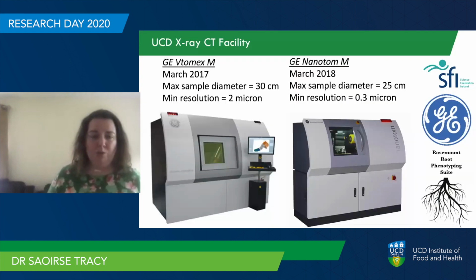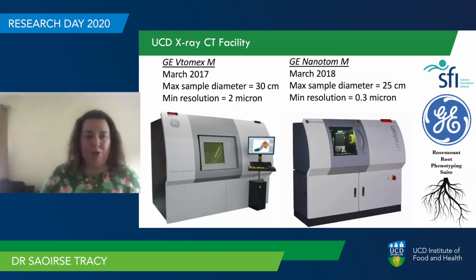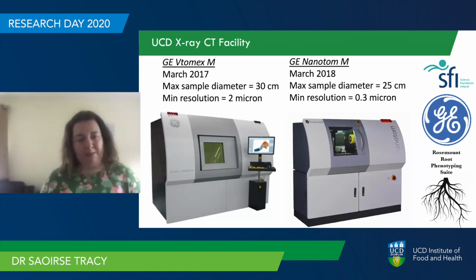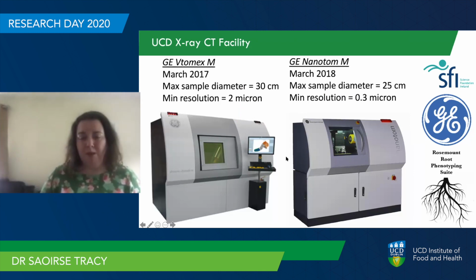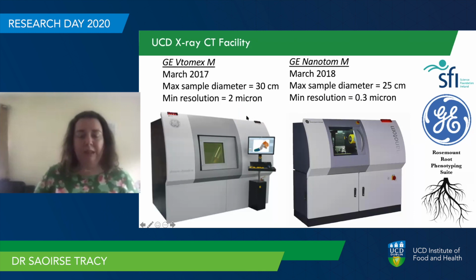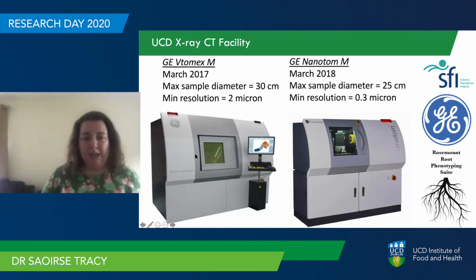And these are the 2 X-ray CT scanners we've got at UCD. Through 2 SFI infrastructure grants, I was able to buy both the scanners. And they're both housed in the Rosemount Experimental Research Station, which is on the Belfield campus. So we have the Vitamex, which is a larger scanner.